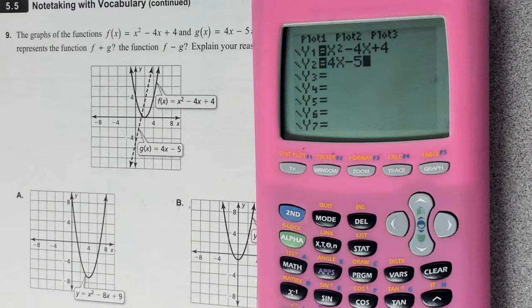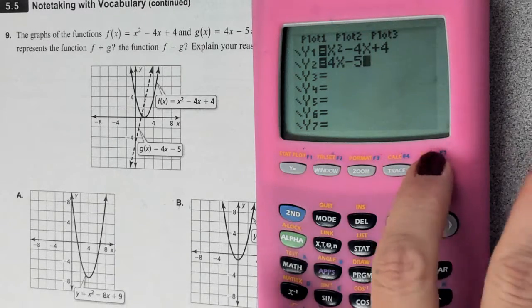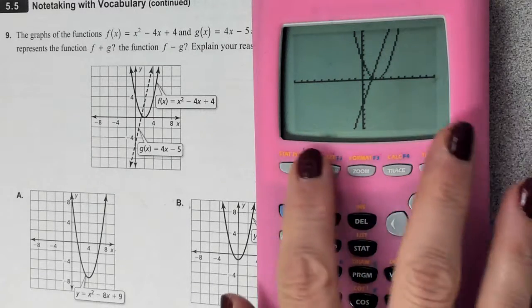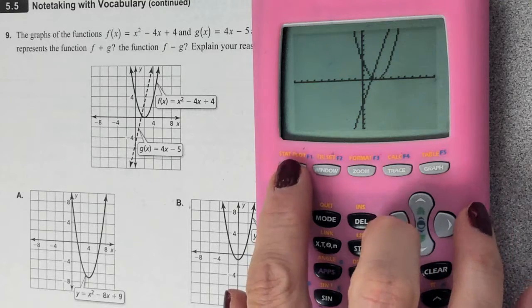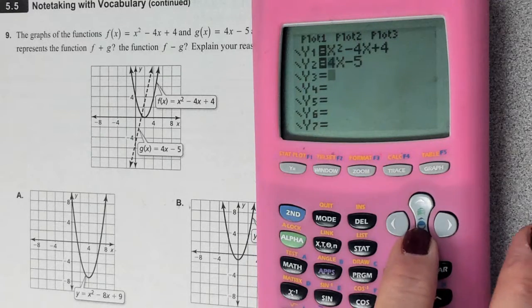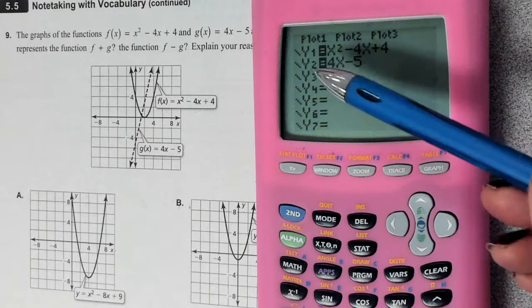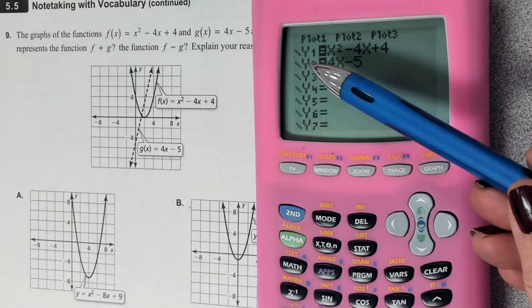Now, if I want to look at those functions right now, I can just hit graph, or zoom 6 to get the normal screen. Here's what it looks like. What we want the calculator to do is to add those two functions for us. Watch if I can do this. Go to y equals, go down to y sub 3. We wanted to add the first function and the second function.